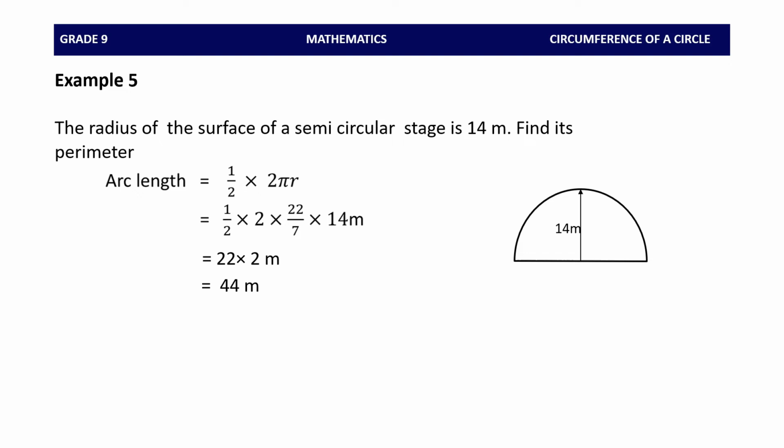For that, we want to add 2 times radius. So 44 meters plus 14 multiplied by 2. It is 44 meters plus 28 meters. The total is 72 meters. The perimeter of the stage is 72 meters.